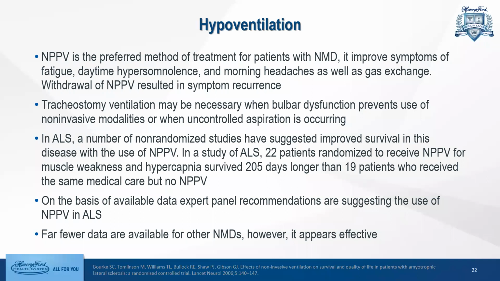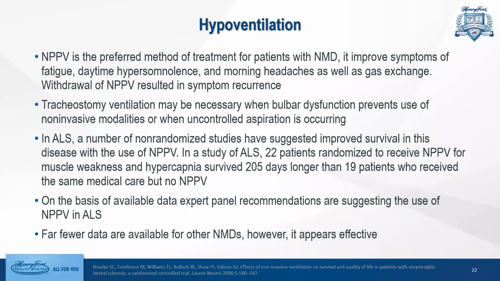There was a study of ALS in which 22 patients were randomized to receive non-invasive positive pressure ventilation. They survived 205 days longer than the 19 patients who did not receive it, with the same medical care. Based on those several studies, expert panels nowadays recommend the use of non-invasive positive pressure ventilation, using criteria in patients with ALS.